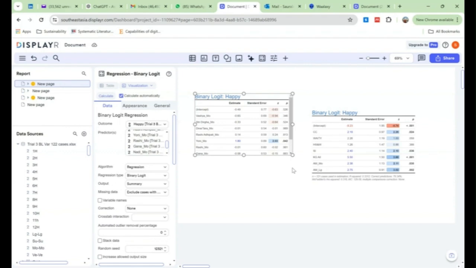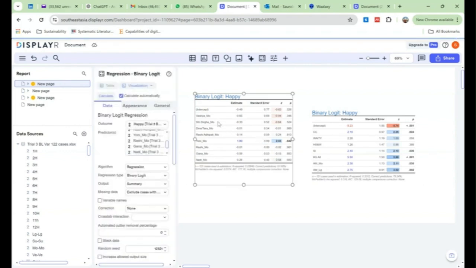Just wait a second. Okay, so here what we see is that Vaishya and Stri Dirgha are having negative relationships. Even Dinatara is having a negative, but it obviously has no influence. And even Rashi from Moon and Gana are having negative. Now this is against theory. So what's happening here is that we are working with a very small data set, so the variance is very high.